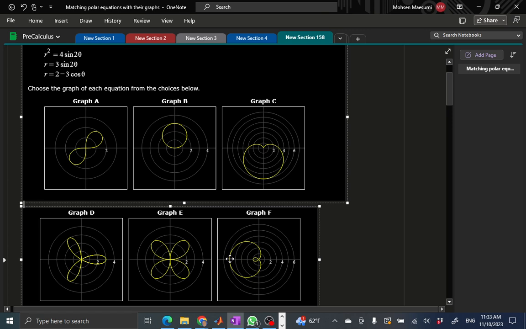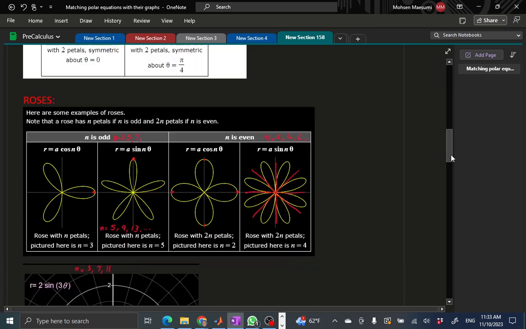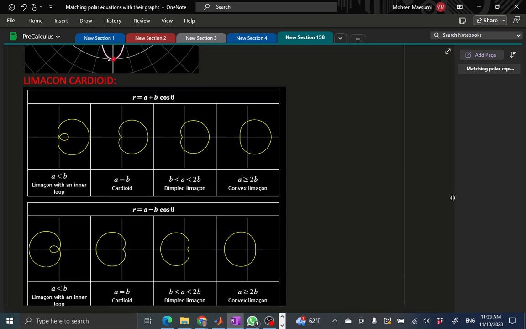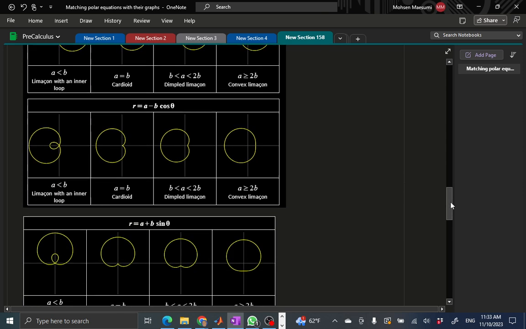We are at pi, we are hitting 5, and that rules out case C. It has to be case F. So we have two reasons to believe it's case F. Or you can go and match against the picture we had up here. It says if A is less than B, we had 2 minus 3. So yes, in our numbers 2 is of course less than 3, so we get a looped limaçon building toward the left, and that is the final answer there.